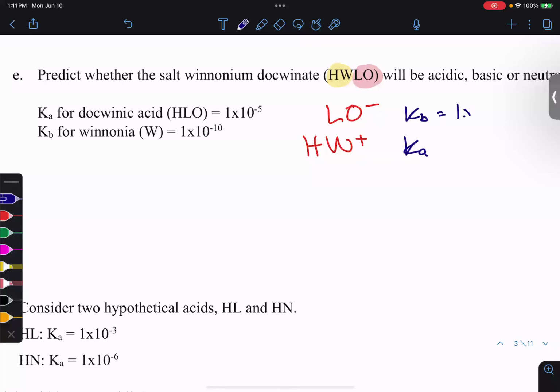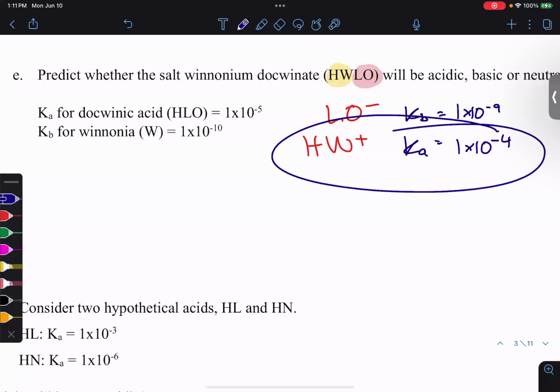The Kb for this is 1 times 10 to the negative 9. And the Ka for winonium, the conjugate acid, is not 1 times 10 to the negative 10, it's 1 times 10 to the negative 4. So we see that HW plus is the stronger acid.